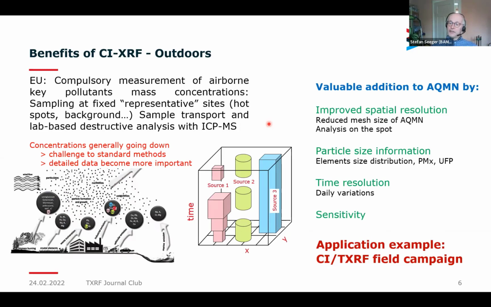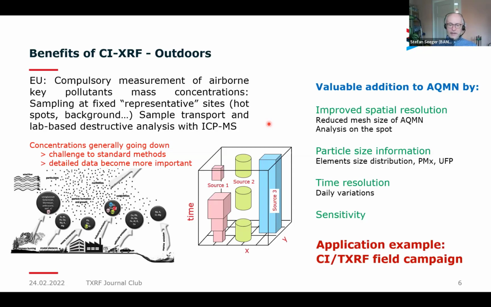And secondly, how good is it in comparison to ICP-MS, which is the traditional method? With ICP-MS, you collect aerosol samples on filters, then digest the filters and do the ICP-MS analysis in order to quantify the air pollutants.